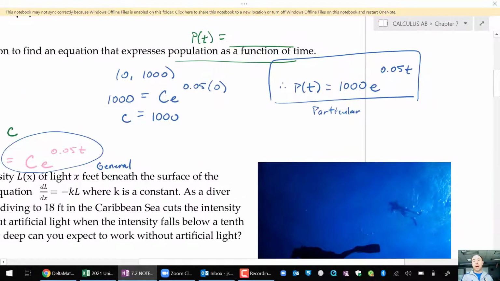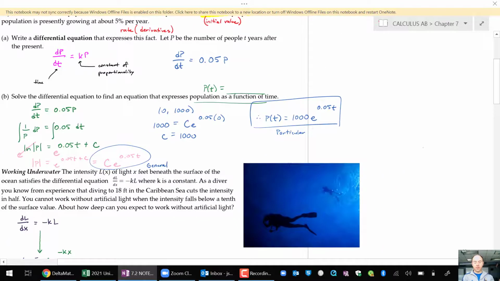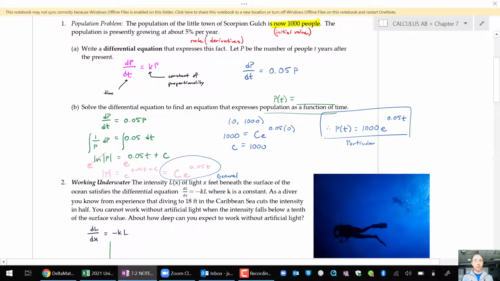And now with this population equation or this model, I can approximate the population of this town at any given time. I can plug in any input for t, and then I could generate the output for P, population. So that's how I can go from the differential equation all the way to that particular solution and then use it to answer questions or interpolate data questions regarding the situation.